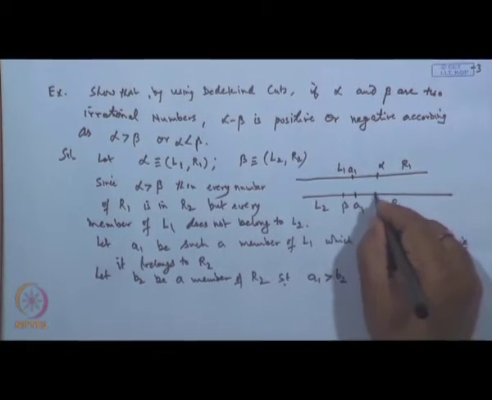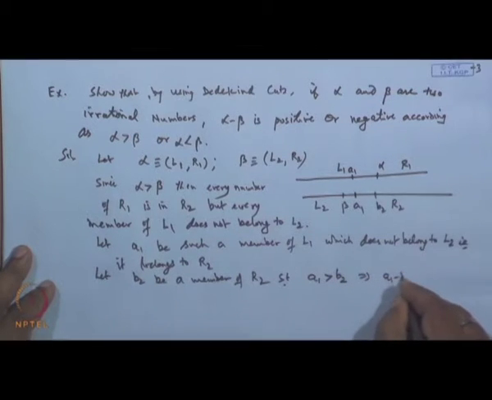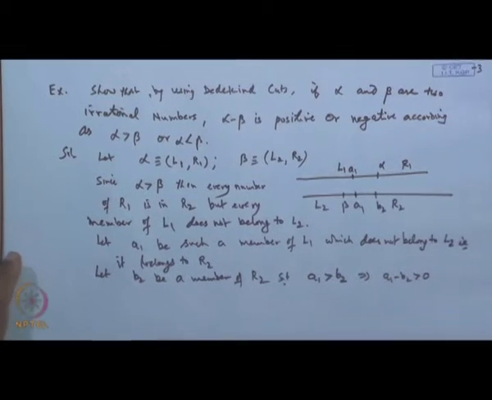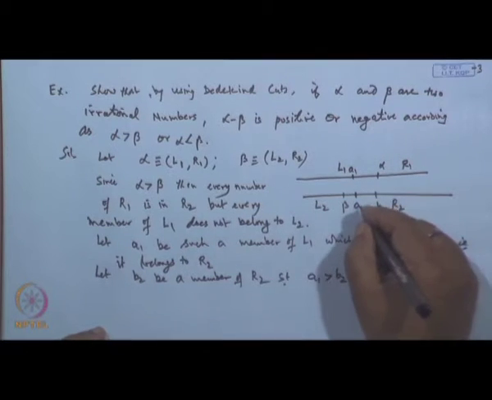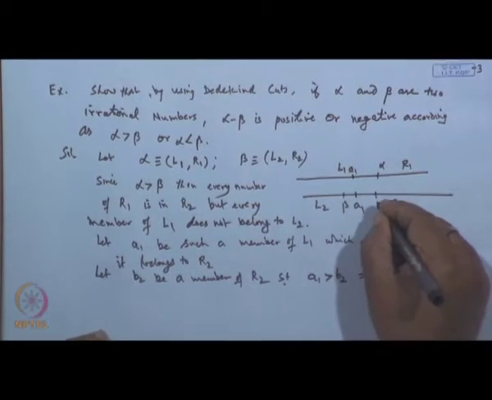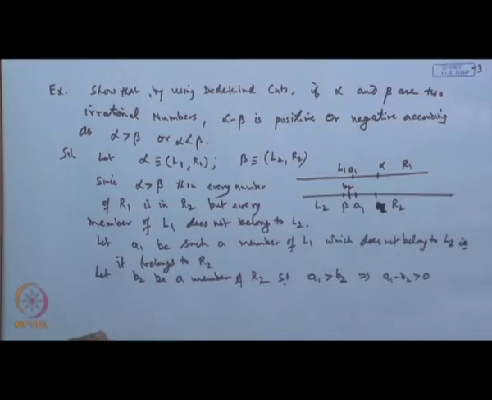Suppose I am choosing this number B 2. So, A 1 minus B 2 is greater than 0.